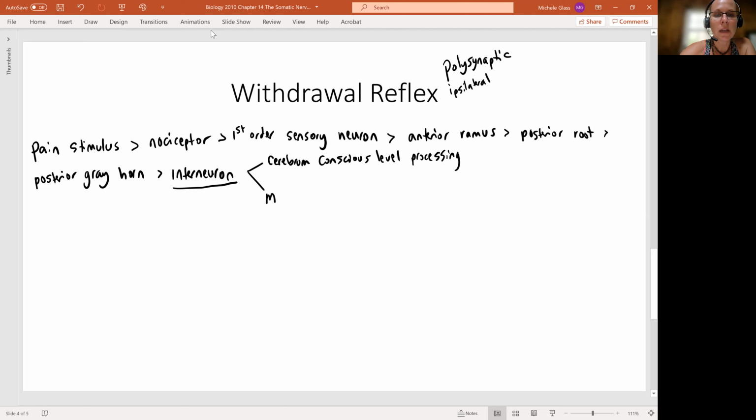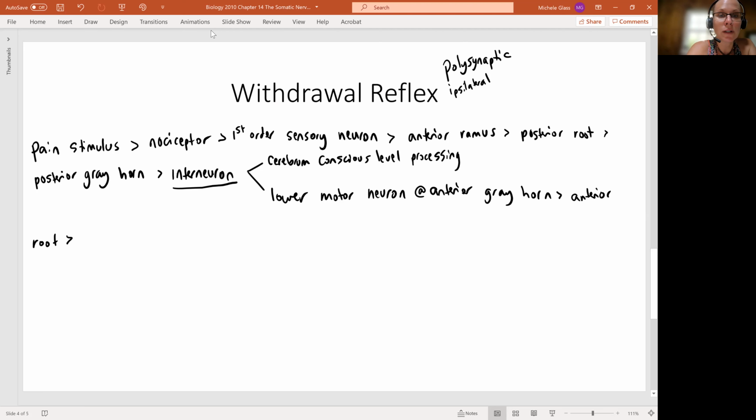So the interneuron is going to synapse onto the lower motor neuron, which is going to be located, remember, in the anterior gray horn, because this is our motor neuron. Its axon is going to travel out the anterior root.